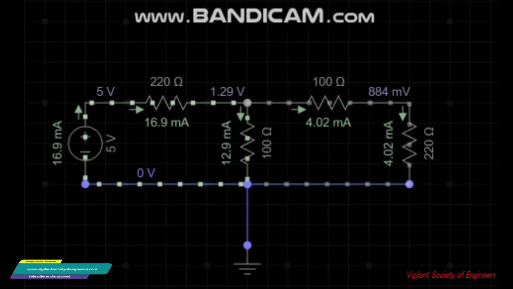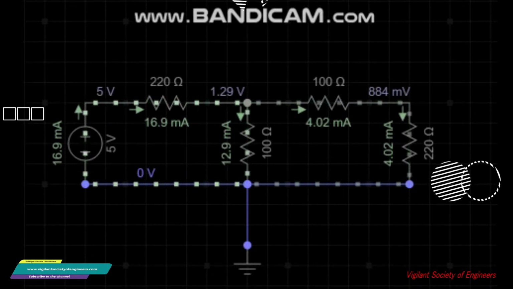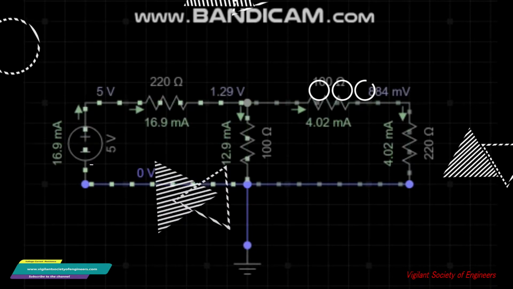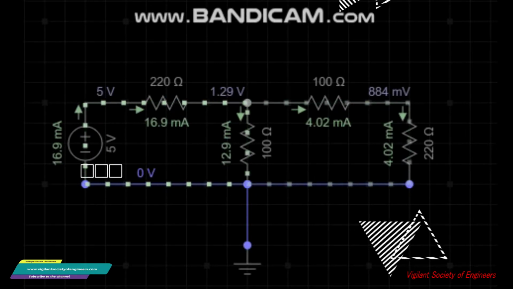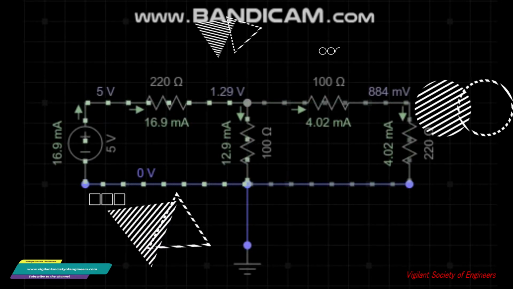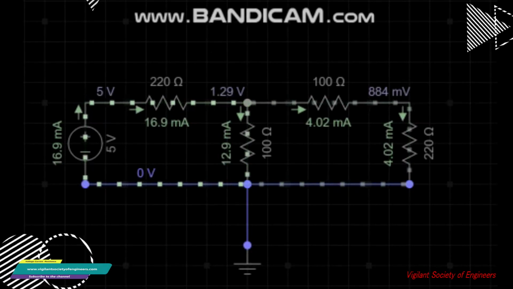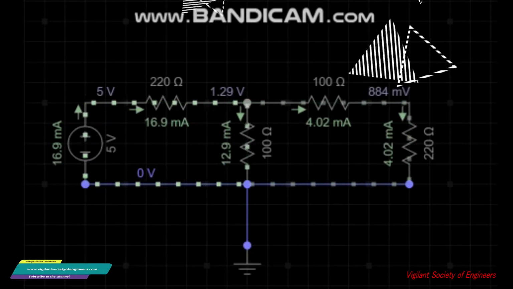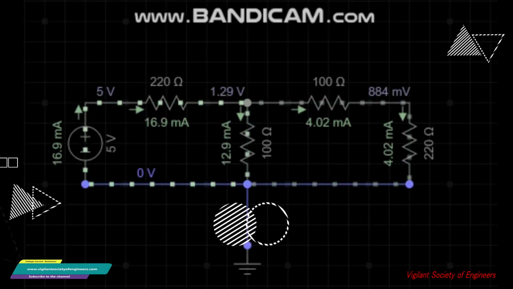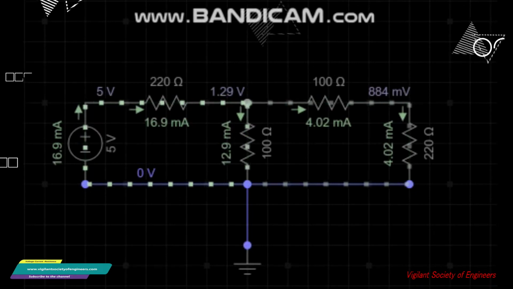So there's a voltage drop experienced by the 220 ohms resistor first encountered by the current within the circuit. All right. So that is roughly 3.7. So that moves down the ground portion of the circuit and then returns back to the source.